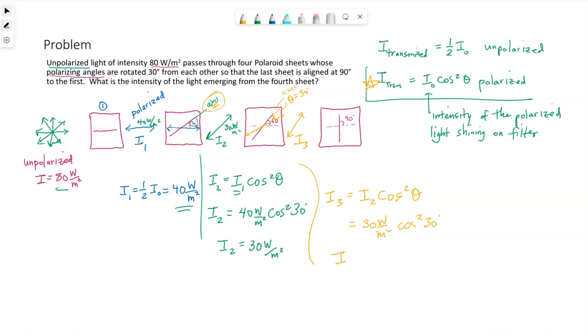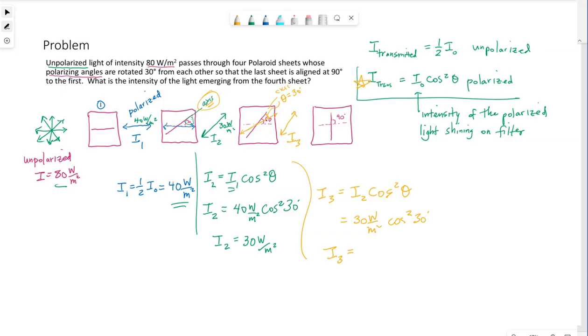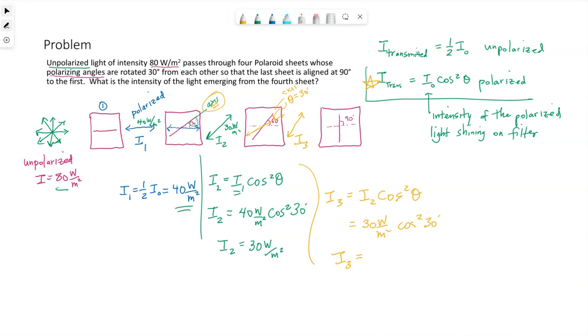So I3 is 22.5 watts per meter squared. That's the intensity of this light now.